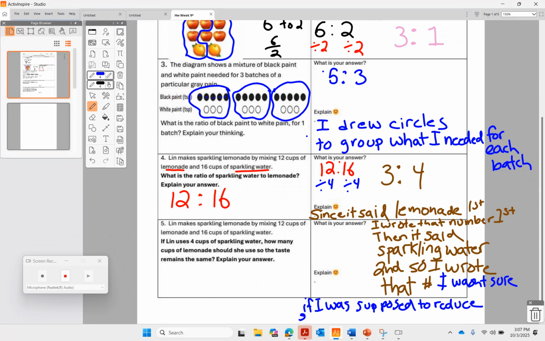I found the greatest common factor of both numbers.